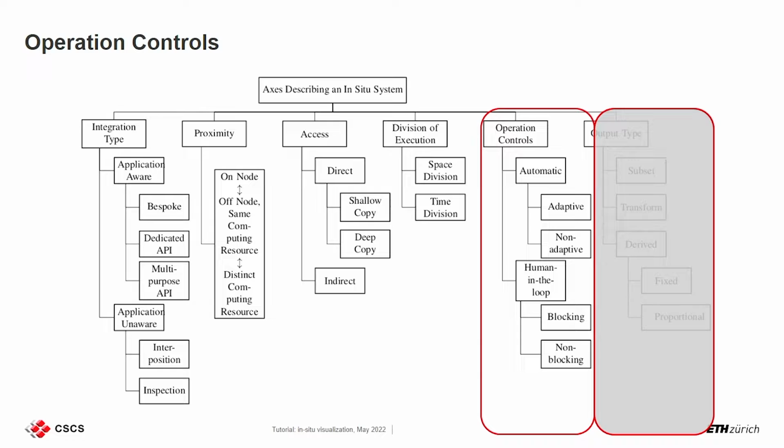In terms of operations controls, is it fully automatic, fully batched control? Or is there the possibility to interrupt? Is there the possibility to steer the simulation? This would be another possibility. And then, of course, the distinction between blocking or non-blocking access to the simulation. And finally, the output.